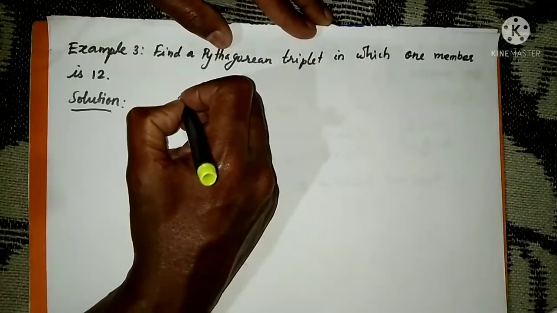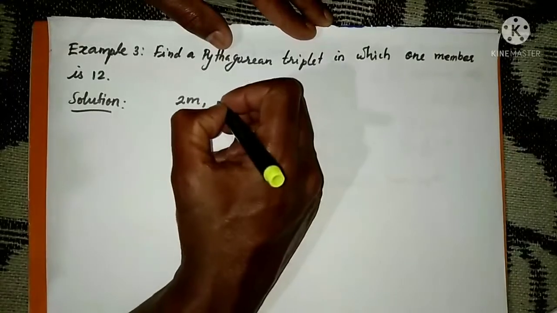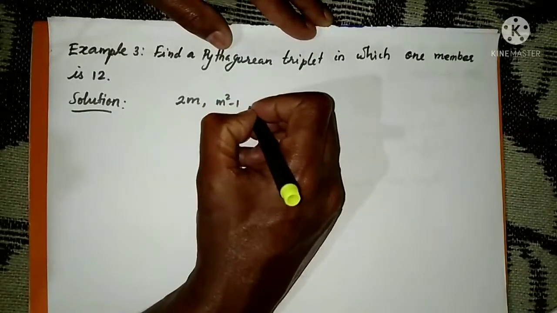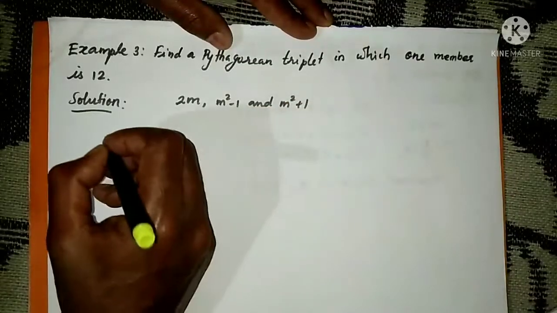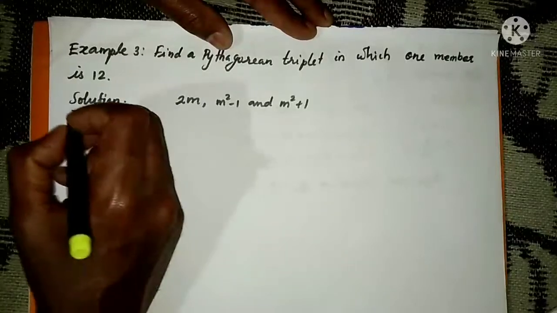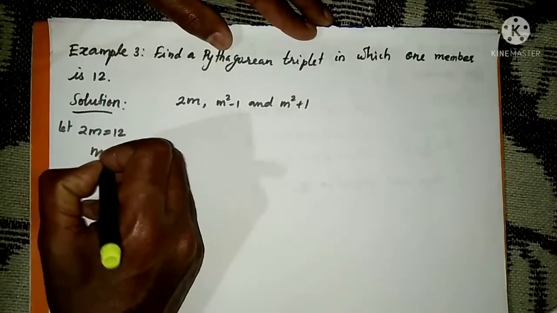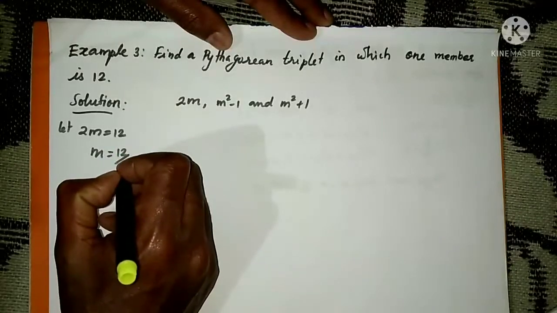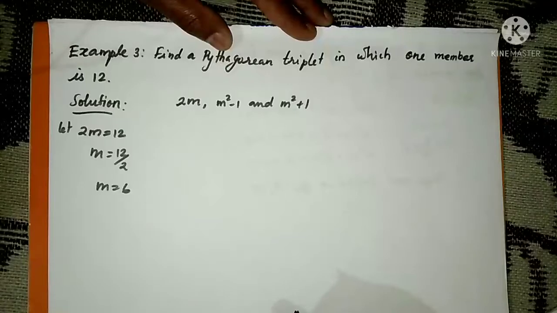Let us first write the three Pythagorean triplet numbers, that is 2m, m square minus 1 and m square plus 1. So 2m we can take it as 12, because it is an even number, so m is equal to 12 divided by 2, m is equal to 6.